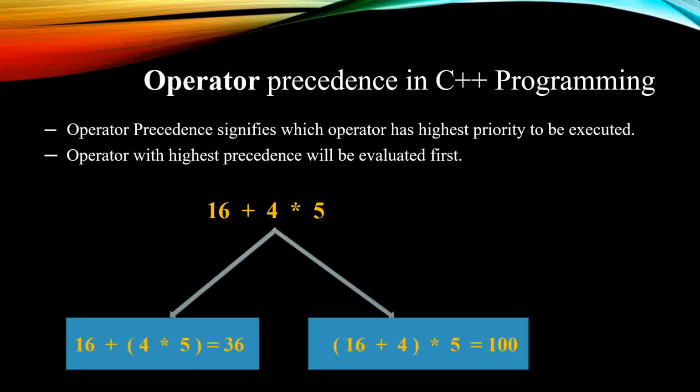So we all know about BODMAS. So just like BODMAS, in the case of BODMAS, we know which operator, for example, if you want to add two numbers or three numbers, or if you are using addition and multiplication together, then at that time, which one is performed or executed first.